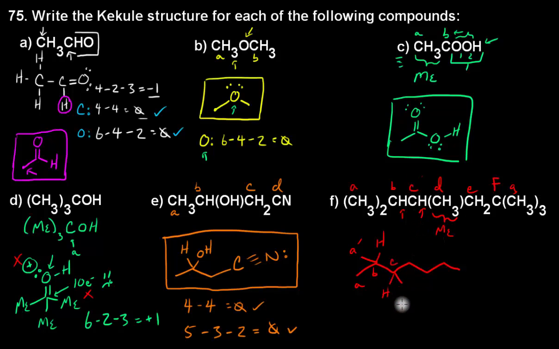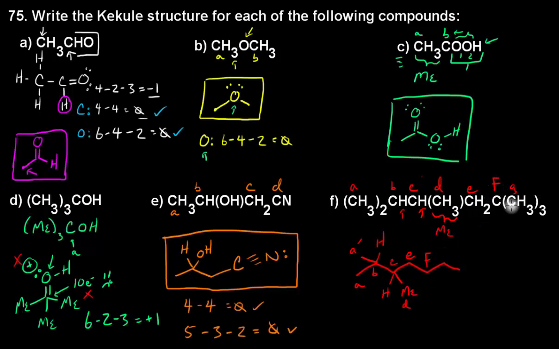So this is going to be our carbon D, so I'll say D. Okay, and in this case it actually might be a little simpler to go ahead and draw out the Me, just to let your audience know what that is, and then I'll label it D. Okay, and so now the way that this is drawn now is that C is going to be attached to E. So we're going to have E right here. This is our carbon E. So next up we have carbon E attached to carbon F right here.